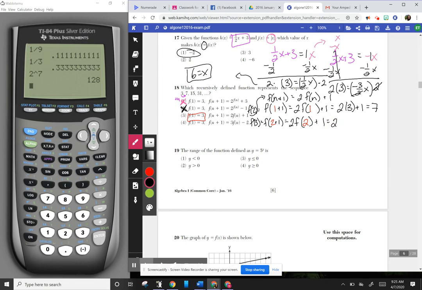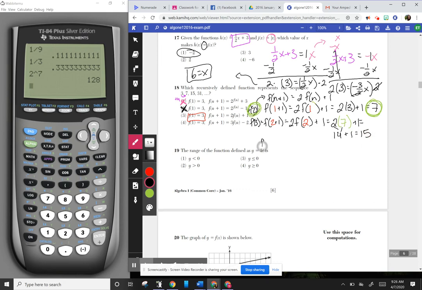So we have 2 times f of 2, and we know, because of the last problem, that f of 2 is 7. So we're going to substitute that in right now. Plus 1, 2 times 7 is 14, plus 1 is 15.